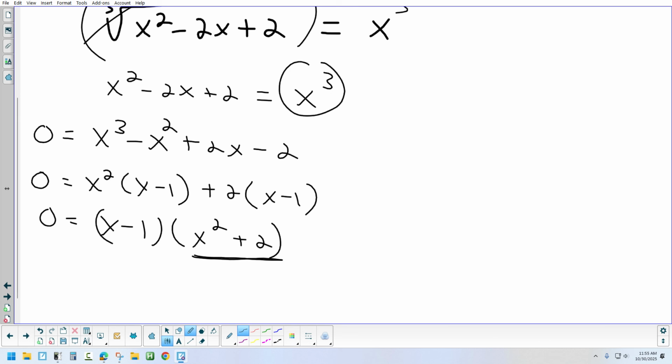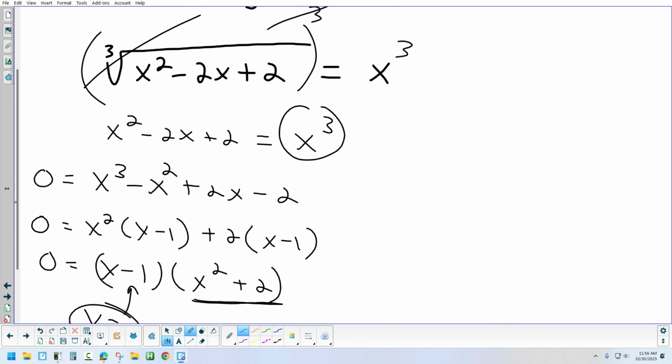You get the square root of -2, and what's going to happen there? It's going to be imaginary. So we don't have to even worry about that. That doesn't help us. The only part we've got to worry about is this factor, which gives me an answer of 1.